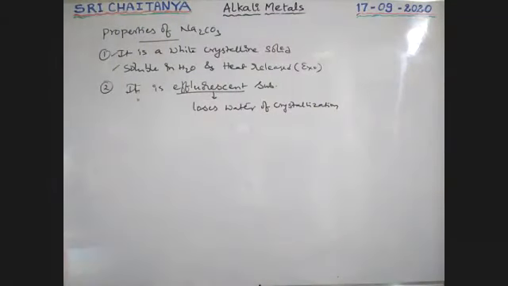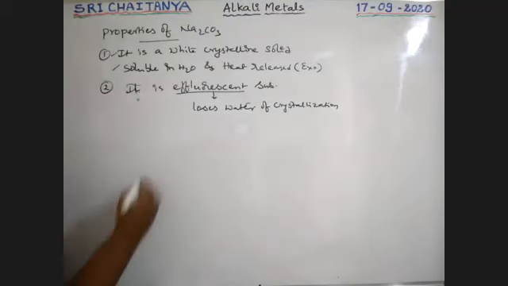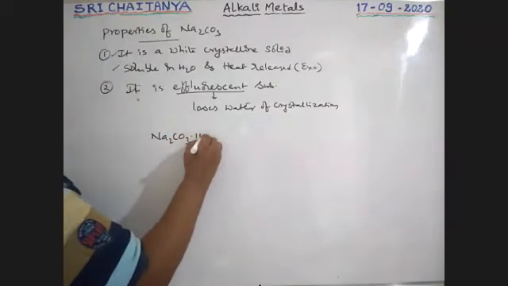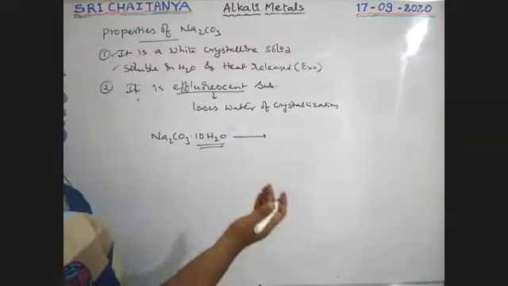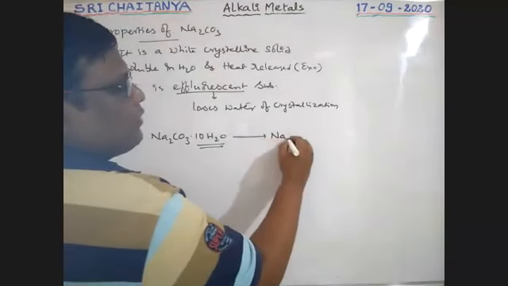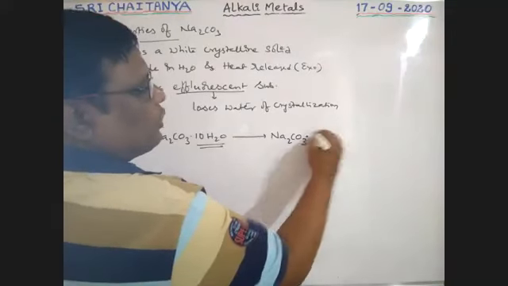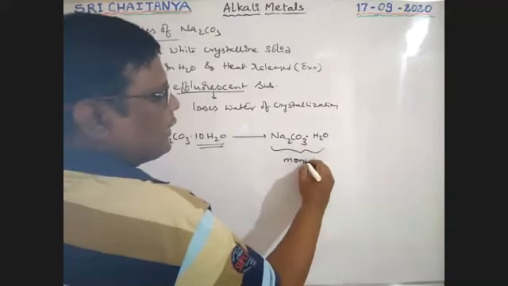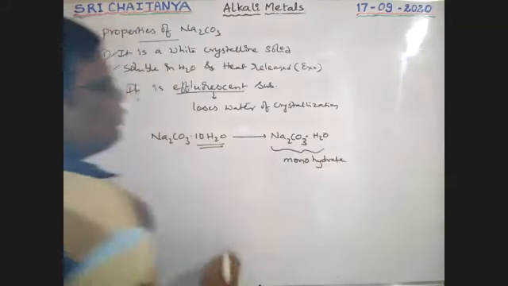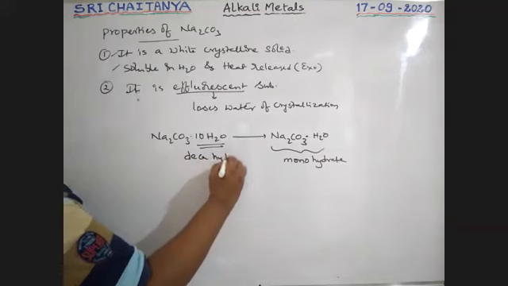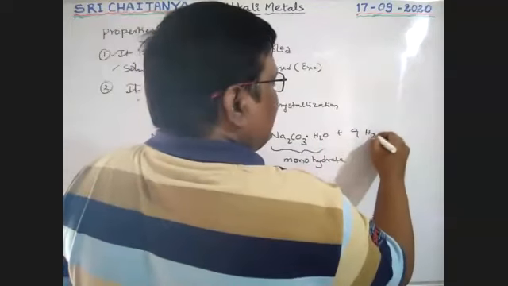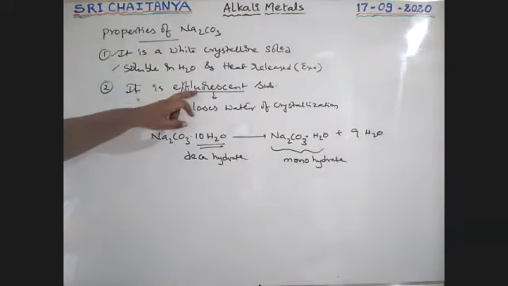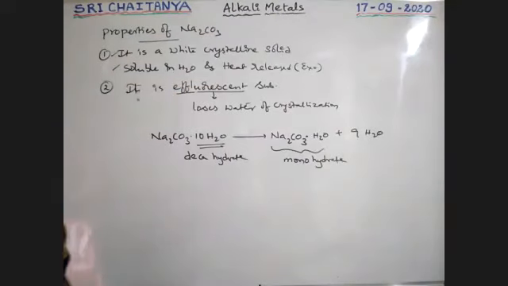Our Na2CO3.10H2O is a decahydrate. On long standing it loses water of crystallization and converts into Na2CO3.H2O, that is monohydrate, by the loss of 9 water molecules. So it is an efflorescent substance.